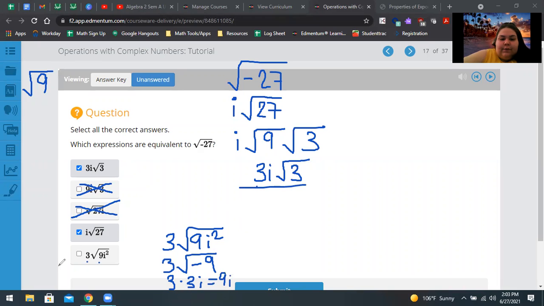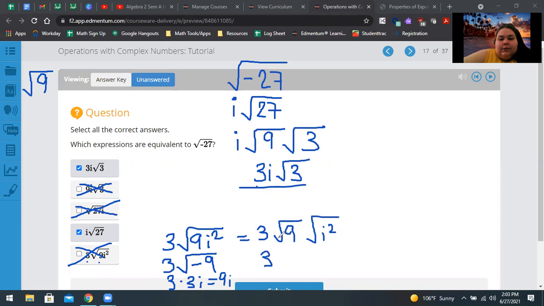Again, very different from our answer. So it's only those two selected. But again, you just need to take it piece by piece. Another way you could have taken this is that this is 3 square root 9 times the square root of i squared.